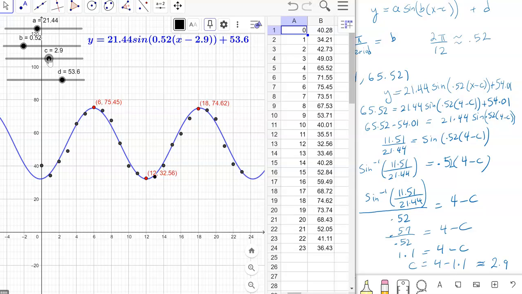So notice it's not perfect, it's modeling, and the temperatures are not exactly the same throughout. But it gives me an equation I can use to predict temperature in the future and maybe see if there are any changes in the temperature as opposed to what we expected.